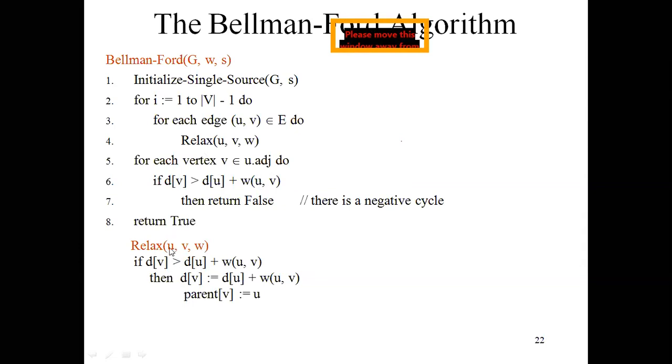So relaxation you can do by using the edge u comma v and weight w. If d of v is greater than d of u plus w of u comma v, then d of v is equal to d of u plus w of u comma v.